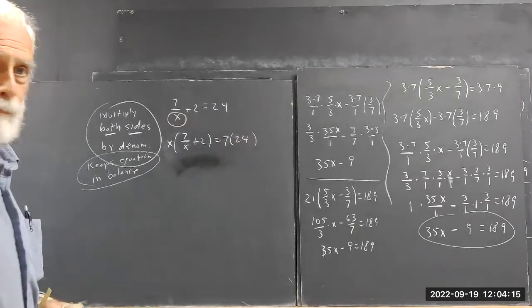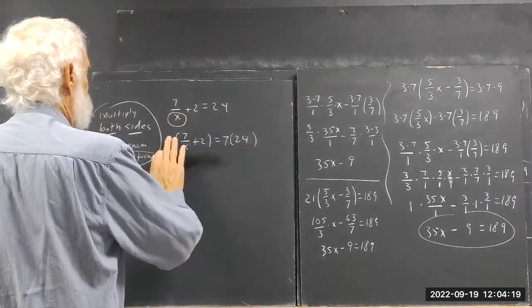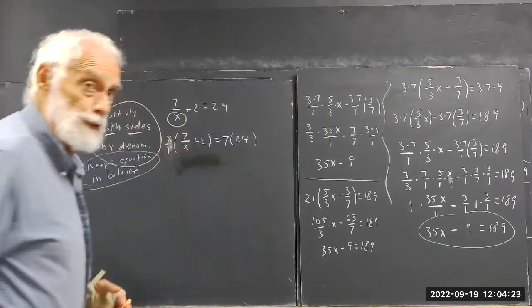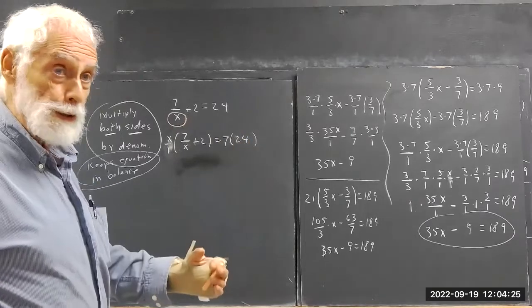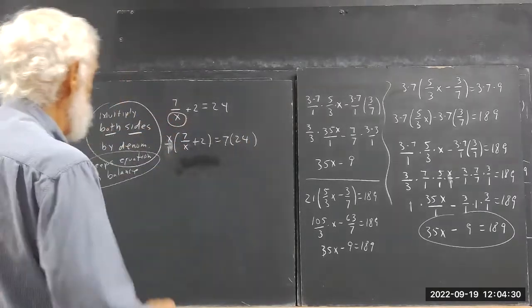Okay. And since you got fractions involved, I want to write this as over here. Just to emphasize, it's got a numerator and a denominator that multiplies numerators and denominators over here.